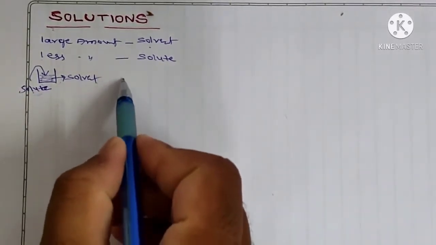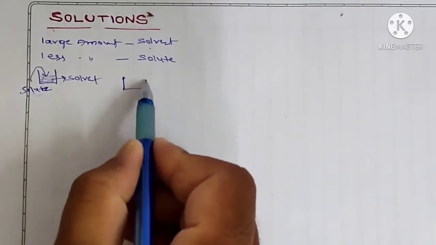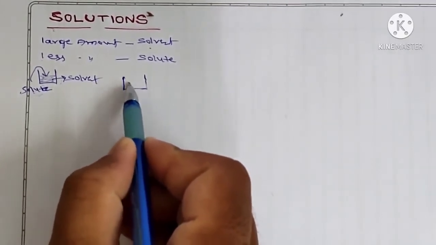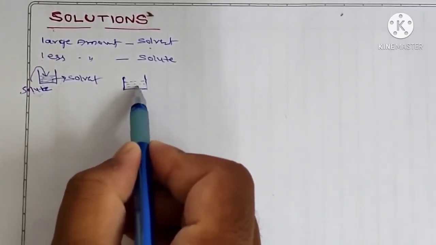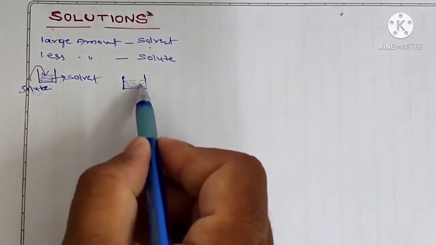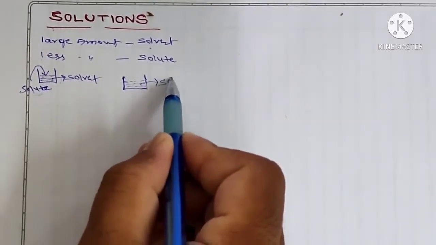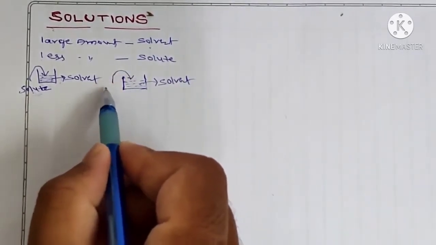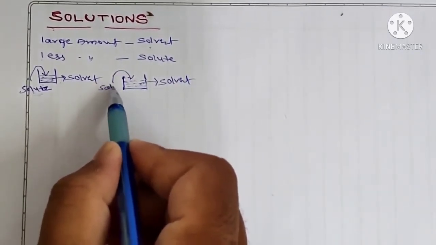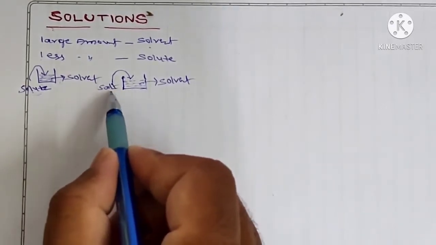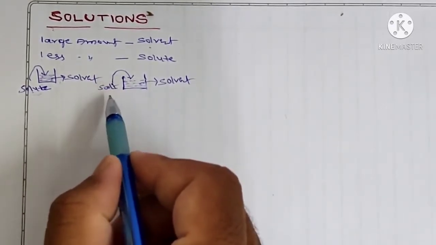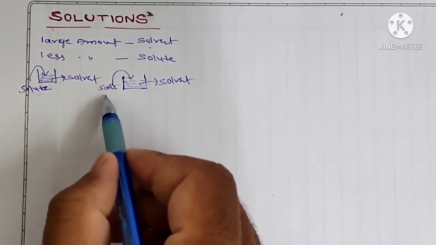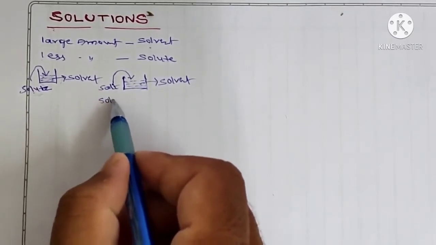So let me take another one. In one beaker I am taking water, so that water is in large amount, so that's why it is called solvent. And I add salt, then the salt is in less amount, so that's why it is a solute.